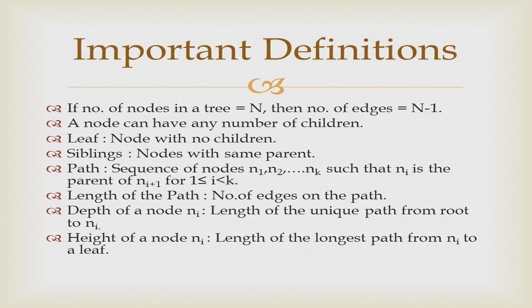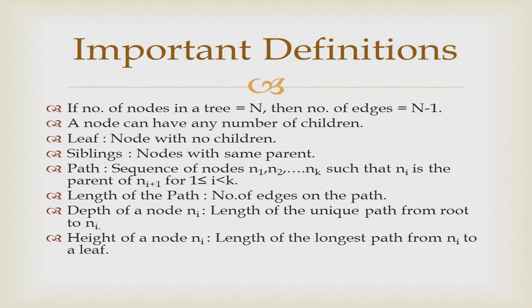Depth of a node ni refers to the length of the unique path from the root to that node ni. Height of a node ni refers to the length of the longest path from ni to a leaf node. So these are the most important definitions that you need to always remember.